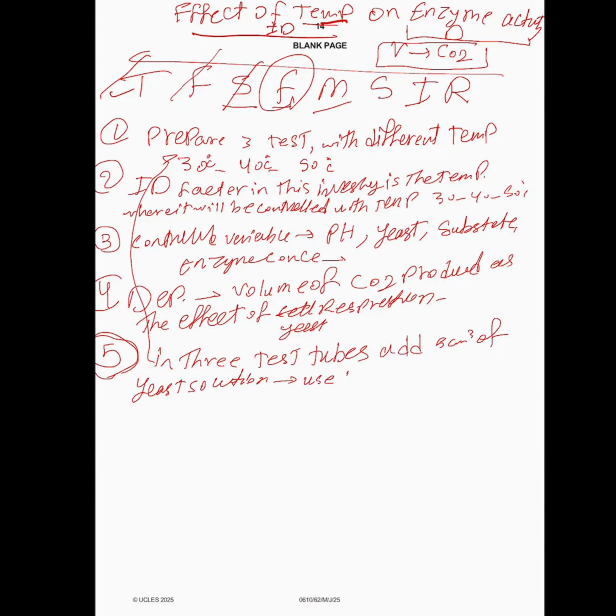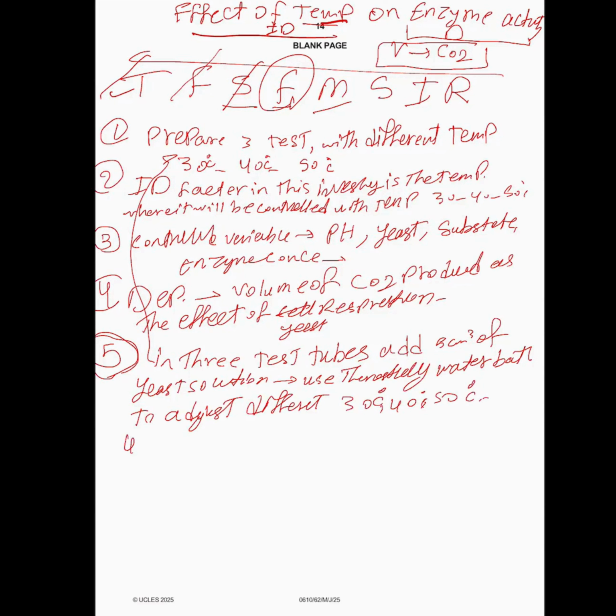Use a thermostatically controlled water bath to adjust what? Different temperatures. What are the different temperatures? 30, 40, 50 that were mentioned before. Mention the units for each.